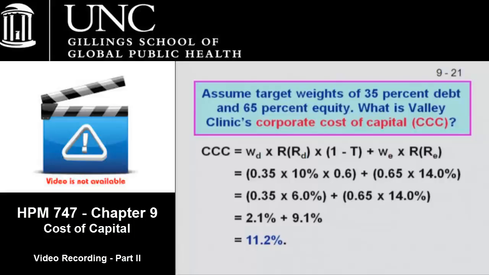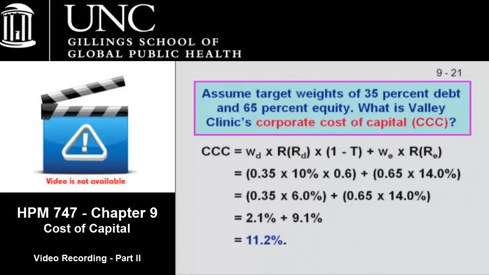We've got 10% as the cost of debt, and we've got 1 minus the tax rate, which is 0.6. On the equity side, we've got 65% of our capital we want to be equity, and we've got a required rate of return on equity of 14%. We do all the arithmetic, and we find that we have a corporate cost of capital of 11.2%.